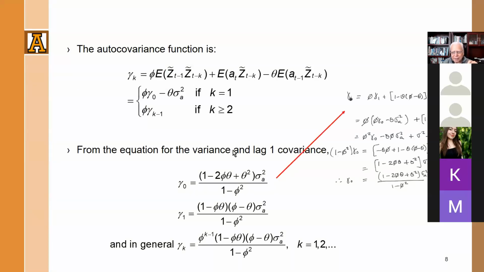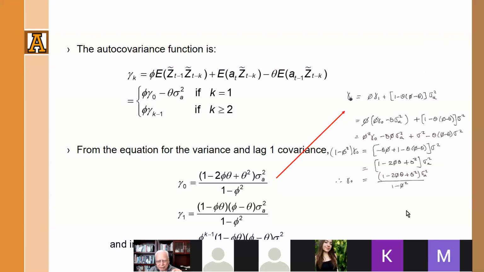Now that's the same slide. Here's where I added the note, because there have been some questions before. Although we did the work in the previous slide, gamma 0 is phi gamma 1 plus 1. We saw this expression, right? And I can write this down as phi times phi gamma 0 minus theta sigma squared plus this in here. And that's phi squared times gamma 0 minus theta phi sigma squared plus sigma squared.